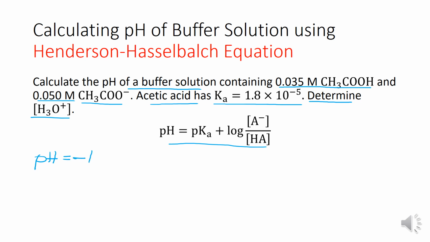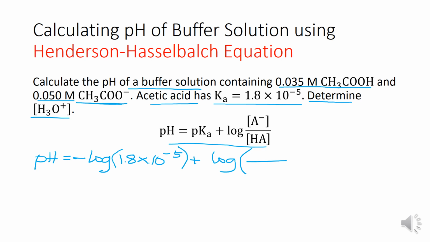For the pH of the buffer solution, we simply plug in values into that equation. So we have negative log to the base 10 of Ka, which is given as 1.8 times 10 to the negative 5, plus log to the base 10 of the concentration of the conjugate base, which is the acetate.